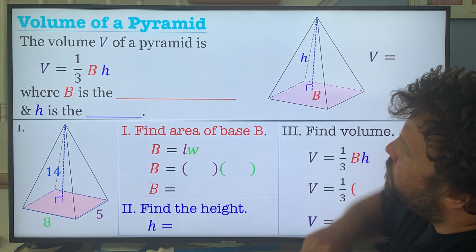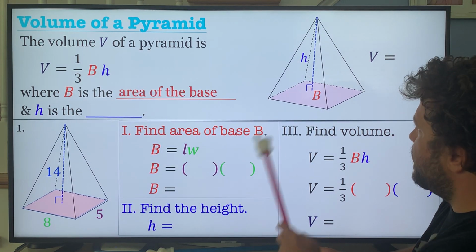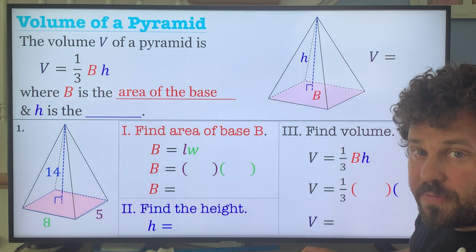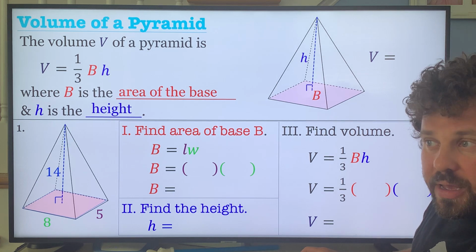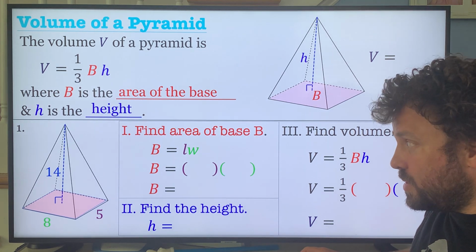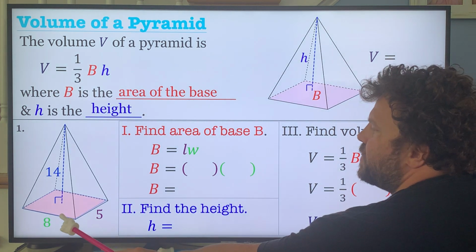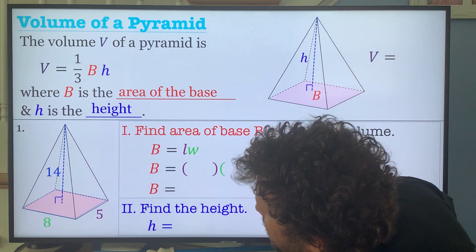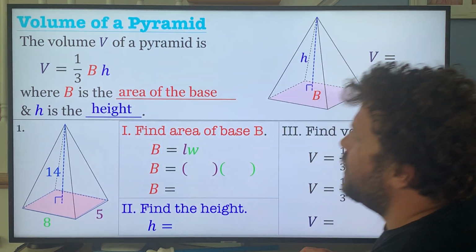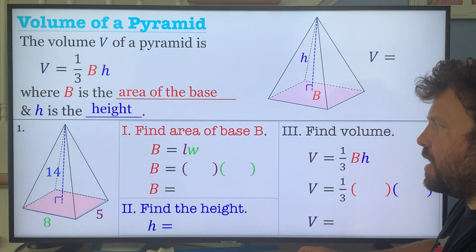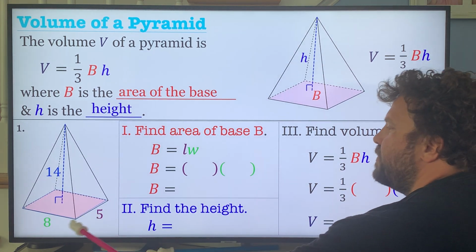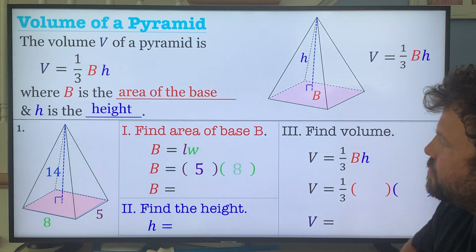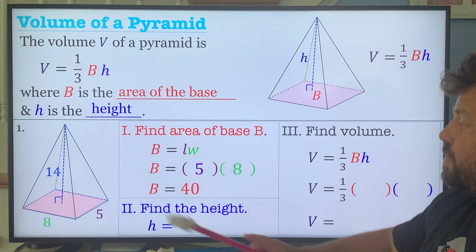So B is the area of the base. Depending on what type of figure it is, your area is different. And H is the height. Now, in this case, what do we got here? That looks like a, what do you think? Rectangle, length times width. So 5 times 8. The base of problem number 1 is 40.